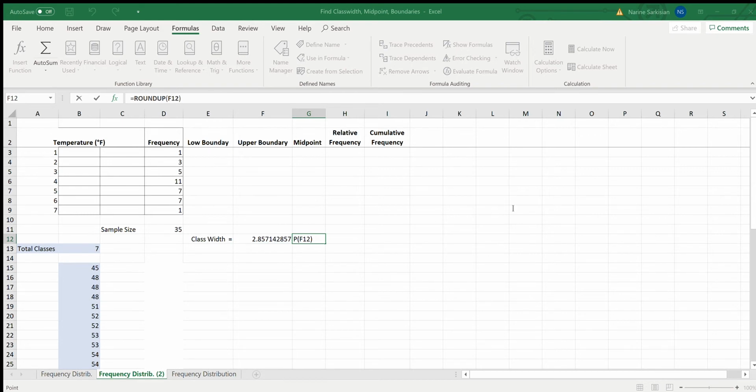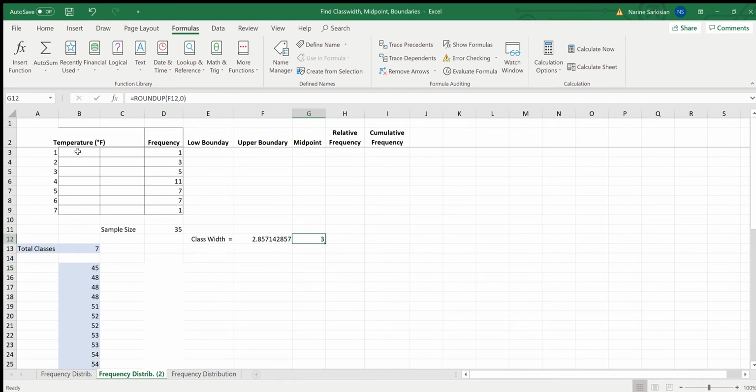Then I'm clicking on num digits. How many digits do I want to round? 0. I don't want any decimal notations left. If I would put 1, you will see 2.9. I don't want that. I need a whole number. There we go.